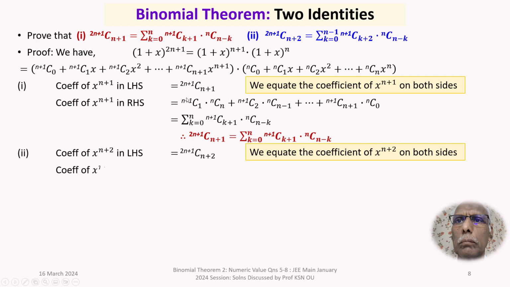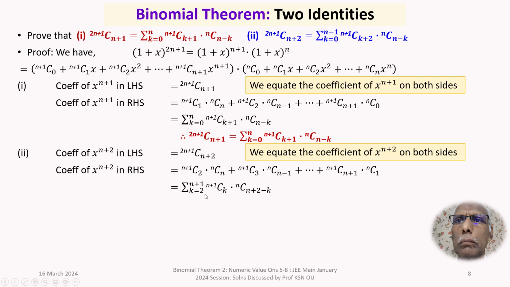So multiply, then you will get n+1 C2 multiplied by nCn, a term after that n+1 C3 multiplied by a term before it nCn−1, etc. At the end n+1 C n+1 x to the power of n+1 multiplied by x, you will get x to the power of n+2. Therefore, in the sigma notation, it will be sigma k is equal to 2 to n+1 of n+1 Ck multiplied by nC n+2−k.